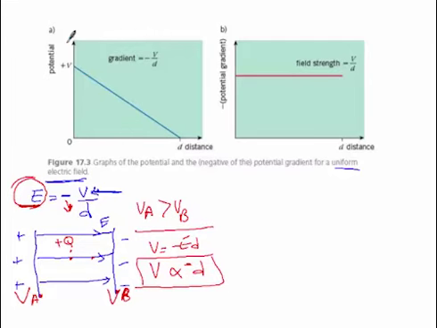Now, if we come to this graph and we calculate the slope or the gradient for this line, it will be delta V over delta D with minus sign.